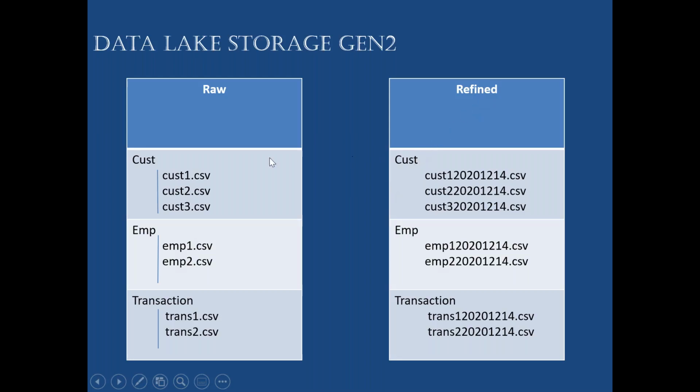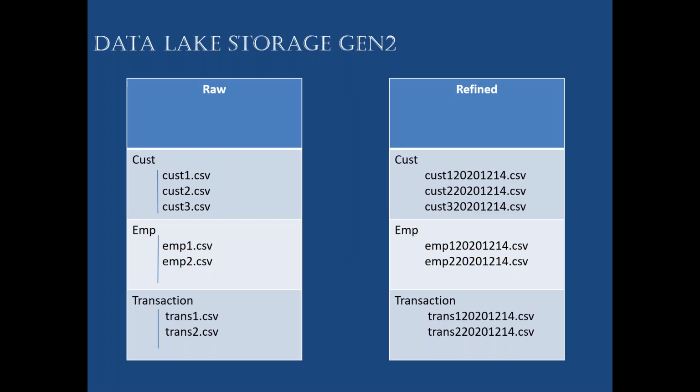In the output also I need to create the same cust folder. Under the cust folder, when I am loading cust1.csv, for each file I want to add today's date. What is today's date? 2022-06-24.